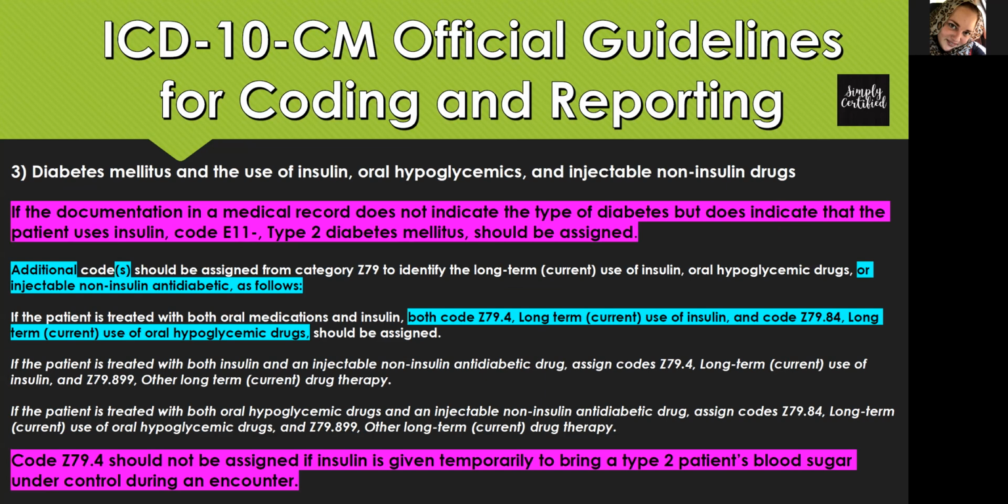So here you can see in pink, if the documentation in a medical record does not indicate the type of diabetes, but does indicate that the patient uses insulin, code E11, type 2 diabetes should be assigned. So it's telling you again that if the documentation is unspecified, use the default code. And you're going to see that over and over again about the default code.